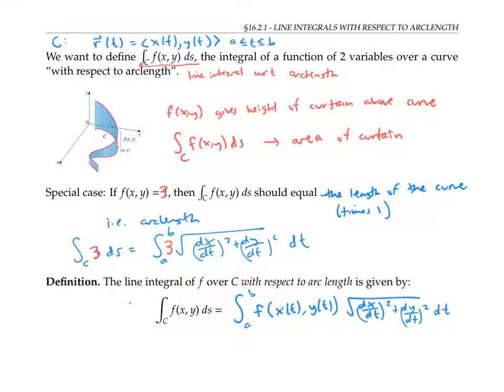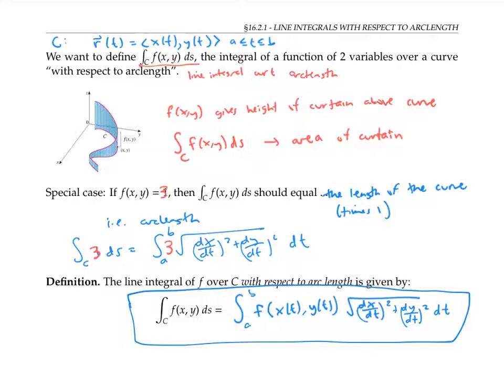And that is exactly the definition of a line integral with respect to arc length. We can think of this expression here as representing ds. If you're not familiar with this expression for computing arc length, I encourage you to go back and look at the video on arc length to see where it comes from.